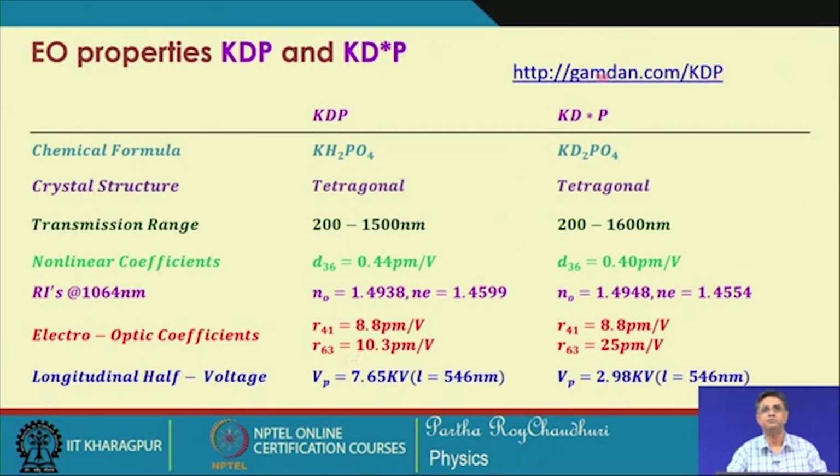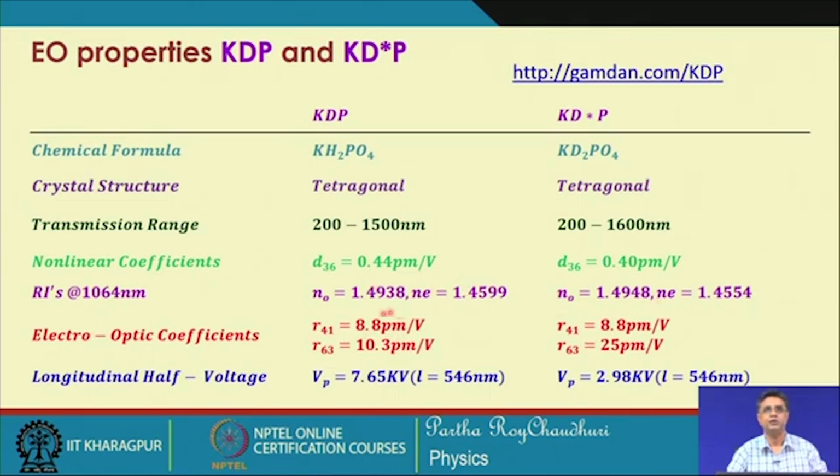These are taken from this reference. Crystal is tetragonal, this one is also tetragonal, operating range is from 200 to 1500 nanometer, this is slightly more, 200 to 1600 nanometer. Then d63, these are the non-linear coefficients, and then the refractive indices, ordinary refractive index and extraordinary refractive index, are given by these values.